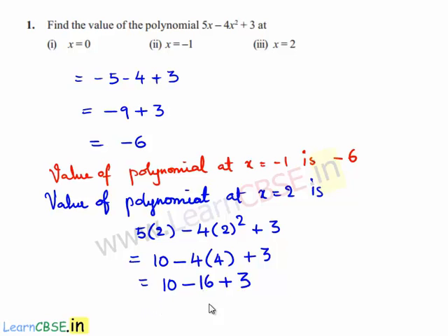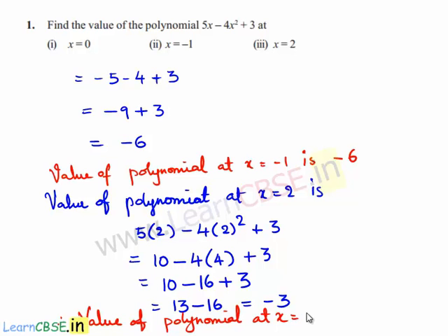This is equal to 13 minus 16, which becomes minus 3. Therefore, the value of polynomial at x is equal to 2 is minus 3.